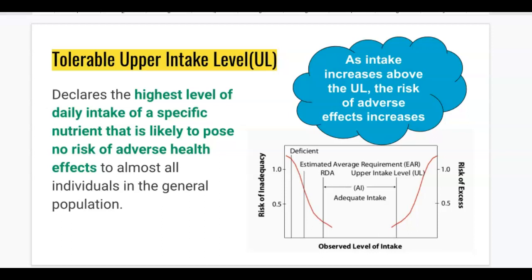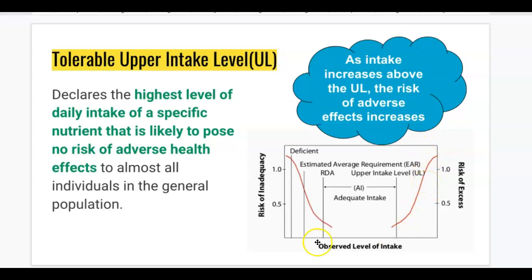A specific nutrient, if overconsumed, could have harmful effects. As intake of a specific nutrient increases above the established tolerable upper intake level, the risk of adverse effects increases. So the upper intake level is going to be over here.